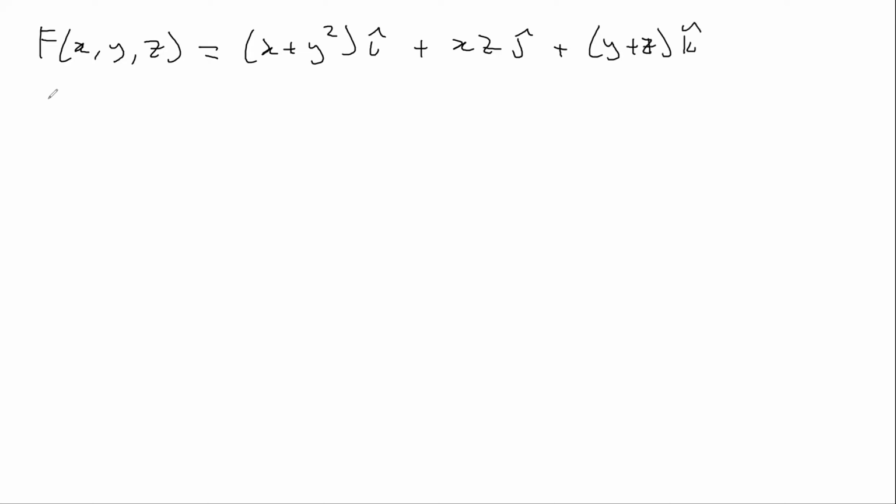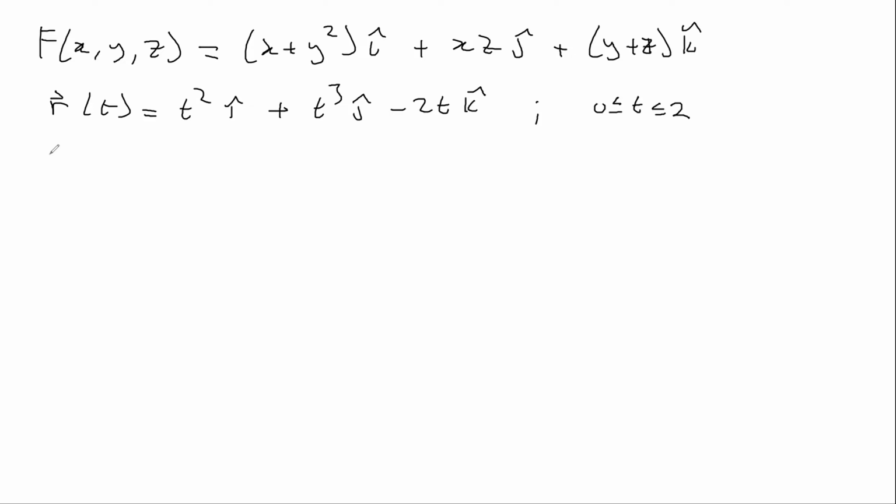They also specify that r(t) is equal to t squared i hat plus t cubed j hat minus 2t k hat, and that we're constraining time from 0 up to 2.